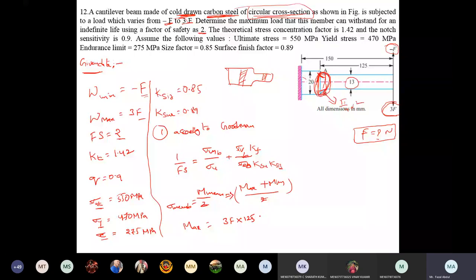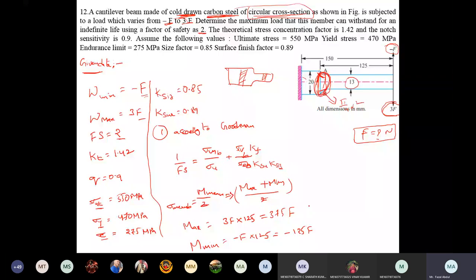How much is 125 into 3? 375. So 375F. And the minimum bending moment is minus F into 125, that is minus 125F.